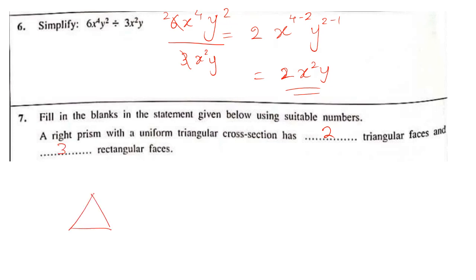So this is the prism. So this has two triangular faces. These are the two triangular faces, and around this you have three rectangular faces. So this is the answer.